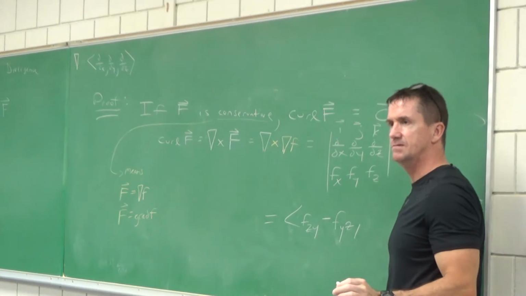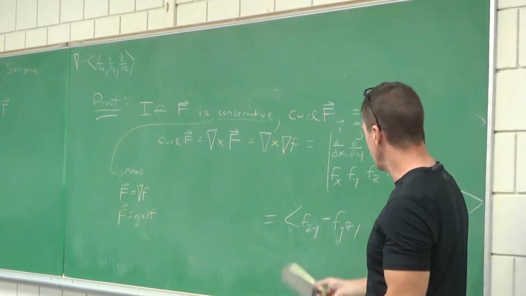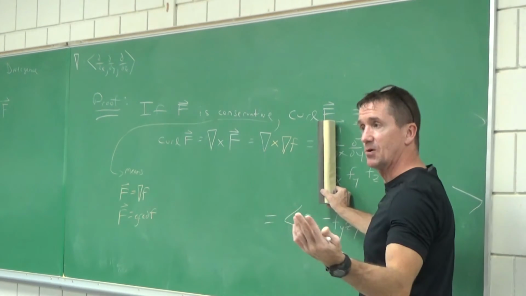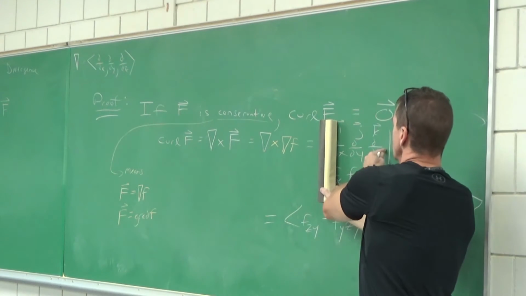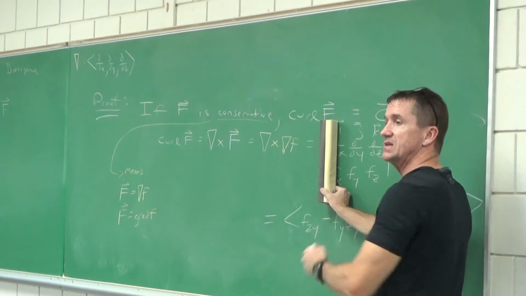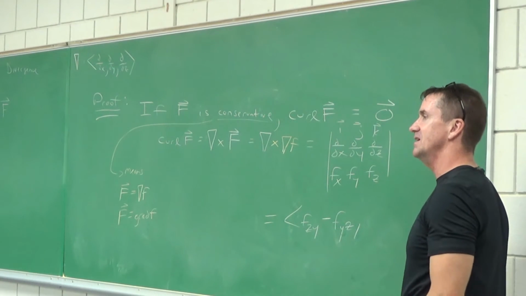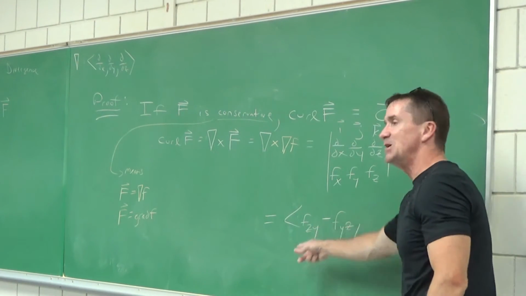Did everyone see what I just did? I'm going to do it again. I'm going to take the partial of this with respect to y. That means the second partial derivative. I'm going to take the partial of this with respect to z. That's the second partial derivative. So I get that. Does anybody notice something already? Conservative, yeah, these are equal.